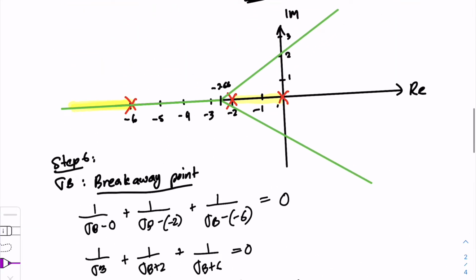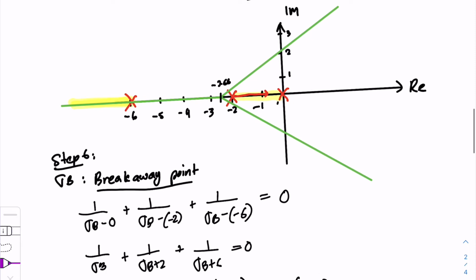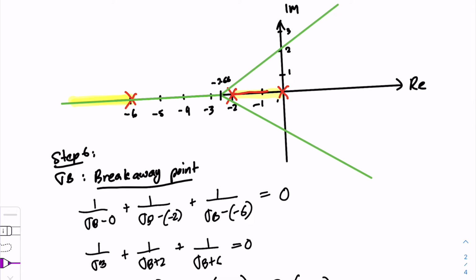So that is where your poles will meet each other, and it will break away at 0.902. That is your breakaway point. Your poles will leave each other 90 degrees perpendicular to the real axis, and then follow the asymptote.